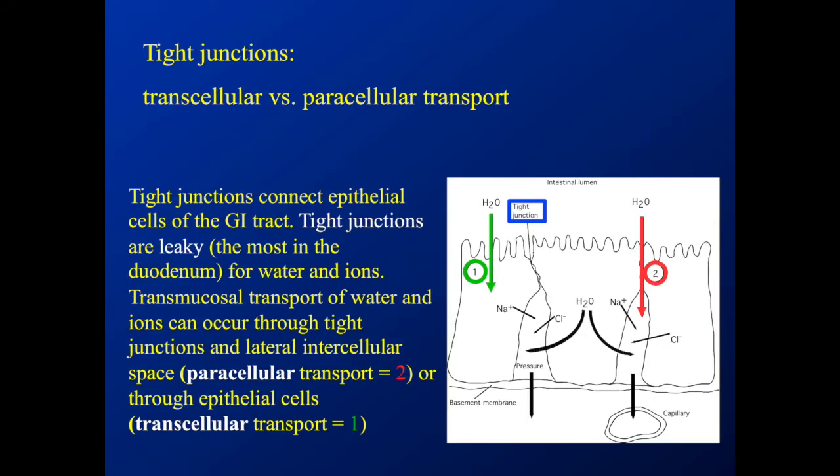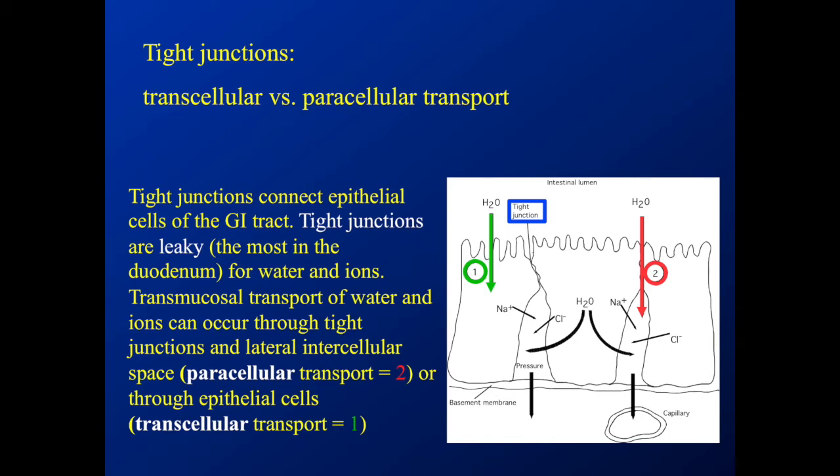These cells have tight junctions similar to those in the stomach, except in the stomach they're much, much tighter, and so you don't really get much water absorption in the stomach. But in the small intestine, these tight junctions are less tight, they are leaky, and so this allows another pathway for water to come in.